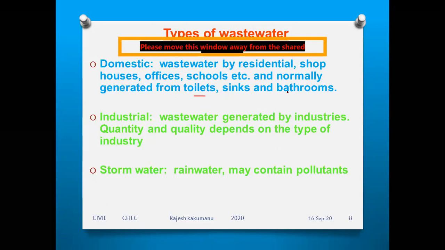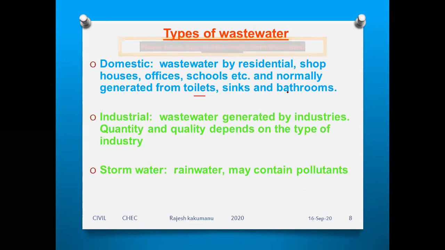Next one is industrial wastewater. The wastewater is generated by industries. Quantity and quality depends on the type of industry. The ఎంత quantity of wastewater, దానిలోంచి ఎంత quality of wastewater అనేది we are getting by the type of industry, right? Third one is storm water. So in the storm water, generally we are getting through rainwater which may contain pollutants.